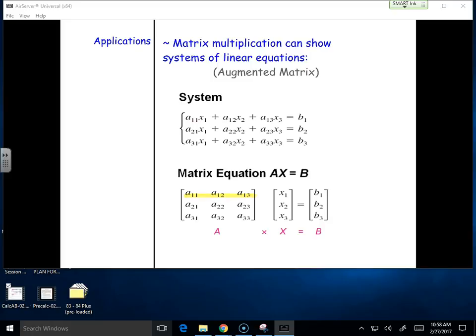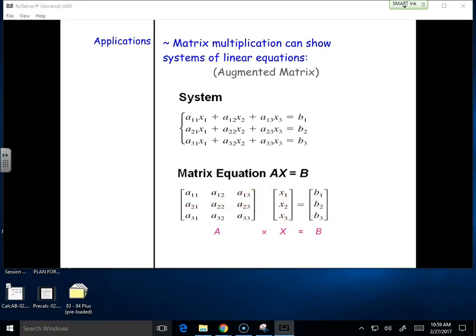A1, A2, A3 would get multiplied by x1, x2, x3. Or you can think of it as x, y, z, if that's better. It doesn't have to be x of 1, x of 2, x of 3. X, y, z suffices. The A1, A2, A3 would match up with their corresponding variables. Similarly for the second row, A21, A22, A23 would match up with their corresponding variables, first with first, second with second, third with third.